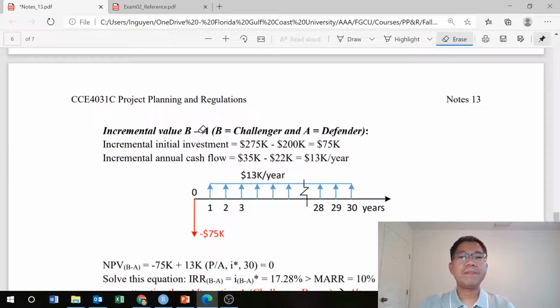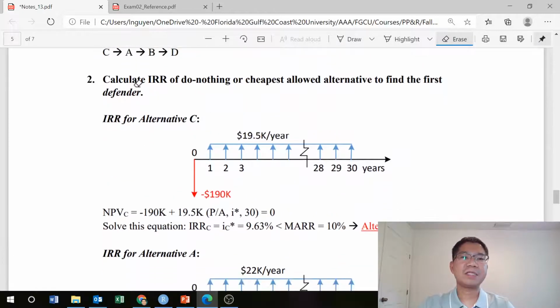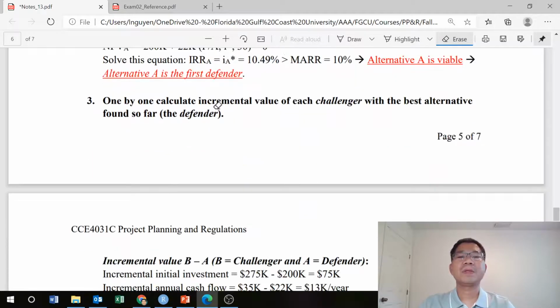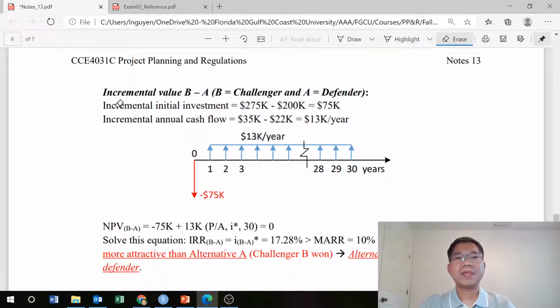So move from A to B. So you have the incremental value B minus A. So B is the challenger, A is the defender. And based on this ranking, make sense? So A is already the defender, continue, that is B. So B here, and the initial investment, B versus A, you have the incremental, so B minus A, 75,000.